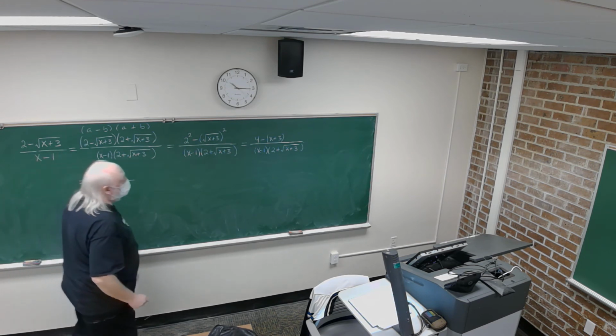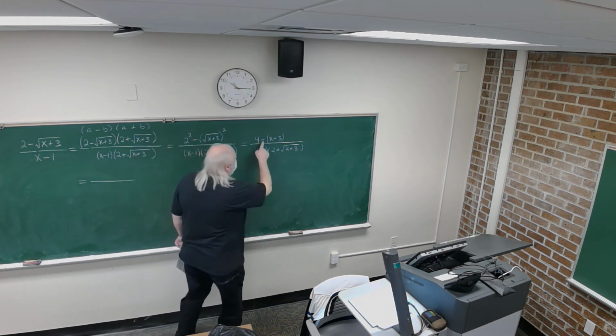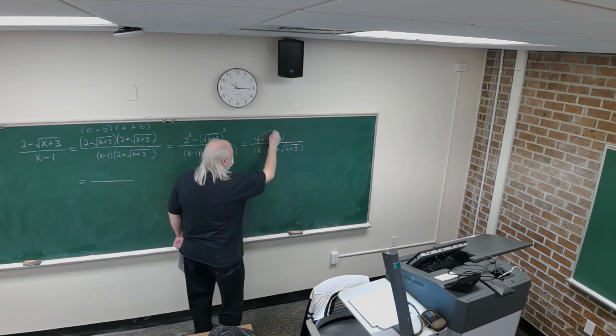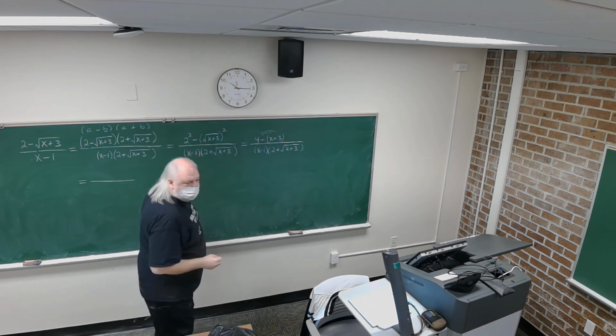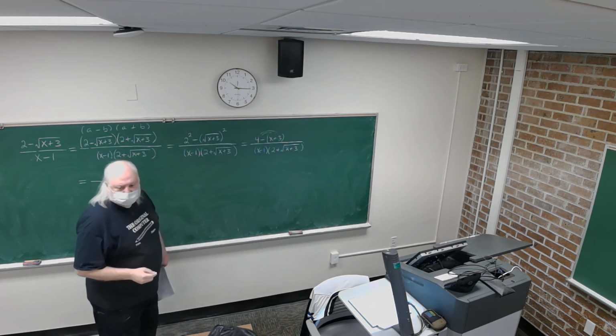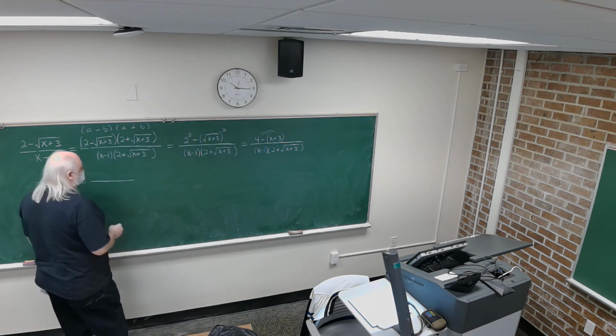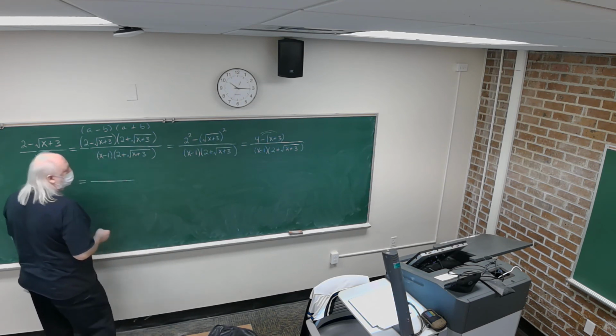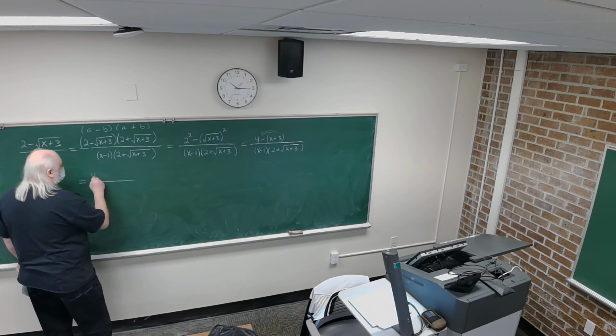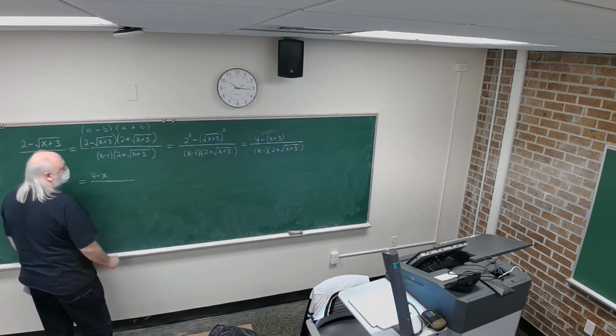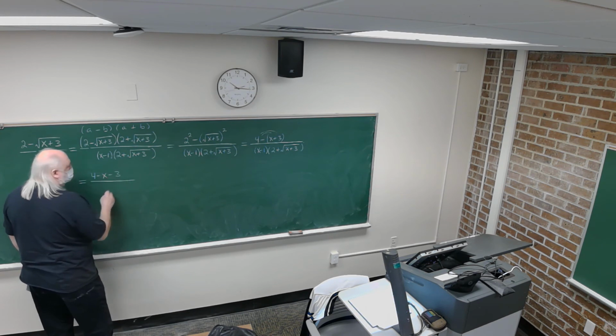Well, now this minus sign out front of the left parentheses, that's like a -1. It's an invisible -1. And so when we distribute the -1 inside the parentheses, -1 times x is -x, and -1 times +3 is -3.